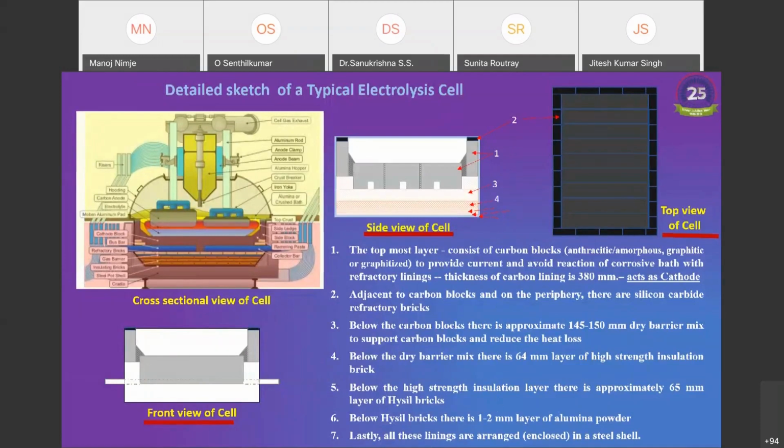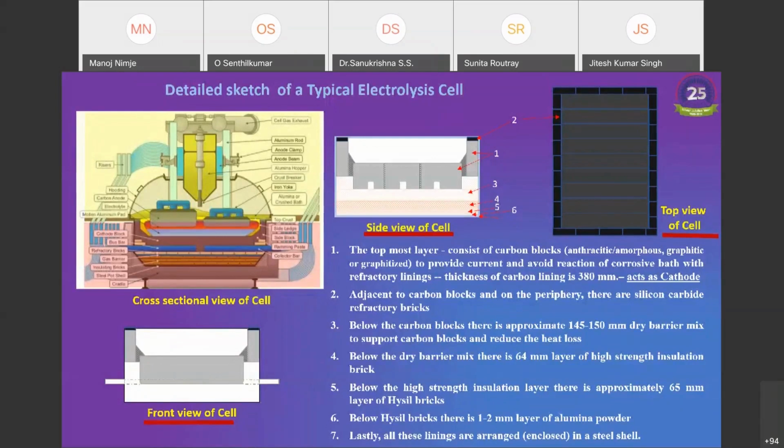Four, below the dry barrier mix, there is approximately 64 millimeter layer of high strength insulation bricks. Fifth, below the high strength insulation bricks are approximately 65 millimeter layer of high steel bricks.